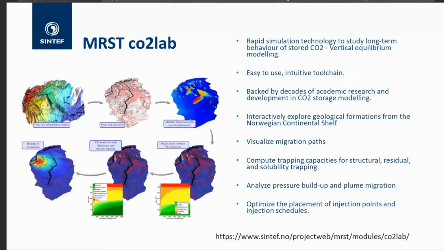So essentially what we're doing here is we're reducing the dimensions of the grid from being a 3D grid into a 2D grid. So we have far fewer cells that we need to run the simulation on, which means we can run large areas relatively quickly. And also there's been lots of research in the literature which shows that this is a good approximation to use for the CO2 storage problem.